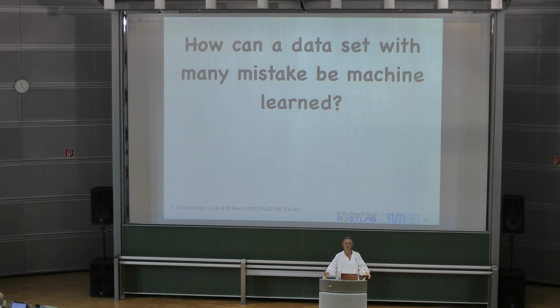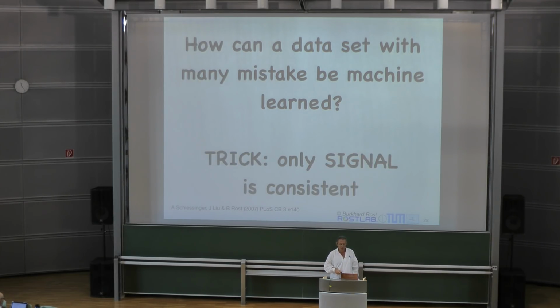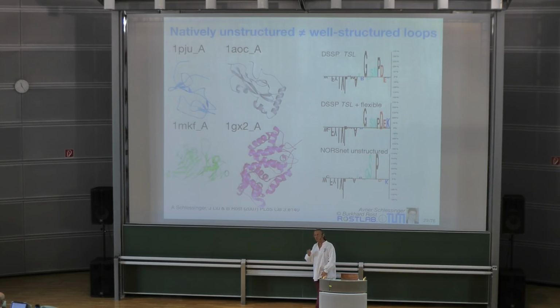How can it do that? The trick ultimately is that the only thing that is consistent is the signal. Yes, I put a lot of mistakes into my truths and into my false samples. But where the mistakes are, there is no consistency. The only consistency is the signal that I want to capture, and through that, I can in fact distinguish between 30 residue loops that are disordered and not.